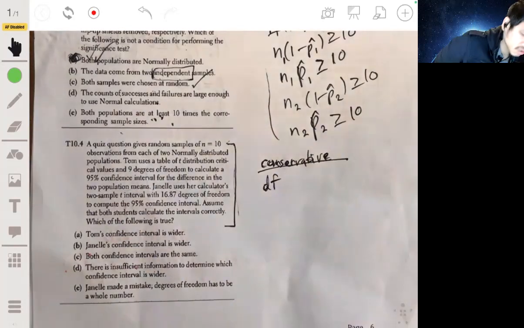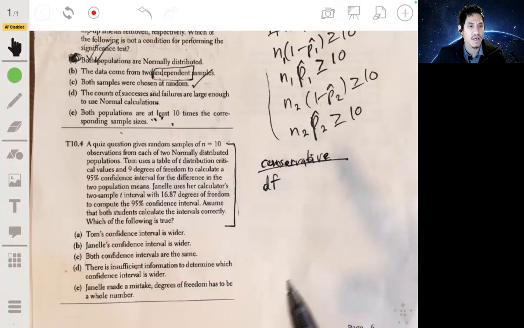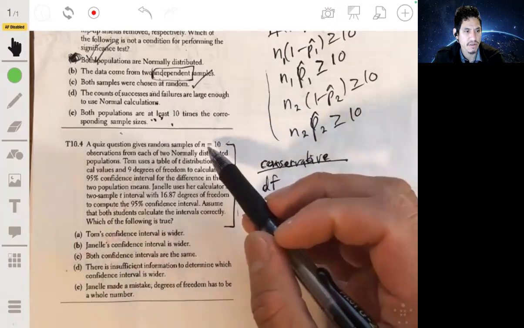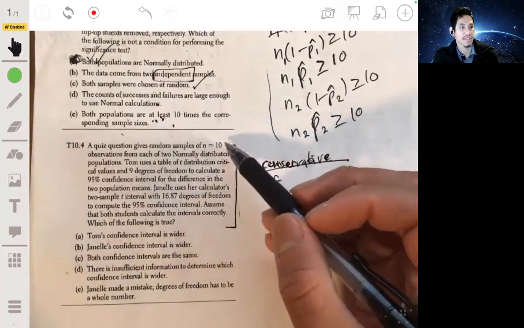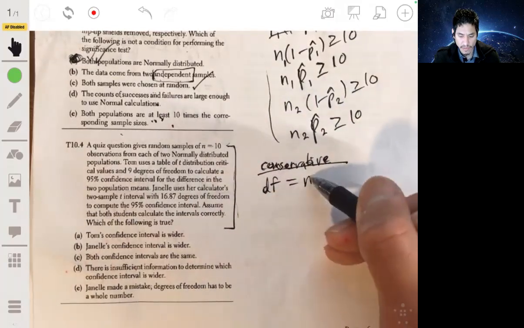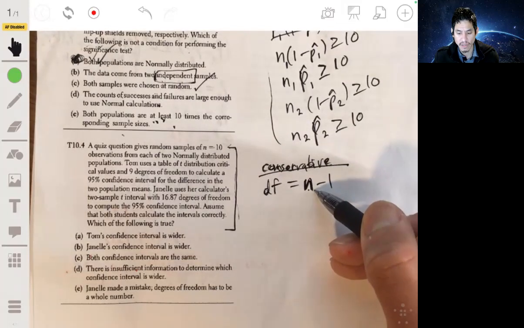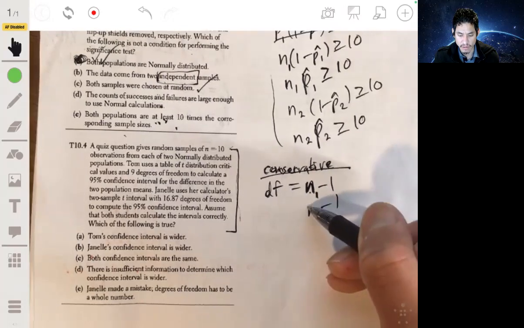It's something you're not going to have to worry about calculating by hand. The simple way to approximate it is to use the smaller of each sample size, and then subtract 1 from it. If N1 is smaller, then use N1. If N2 is smaller, use N2.